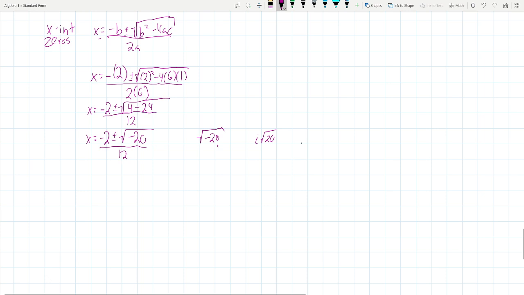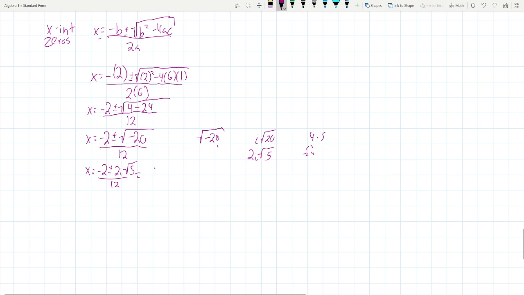The square root of 20, that's 4 and 5, and 4 is 2 and 2. So you'd have 2i square root of 5. So you get x equals negative 2 plus or minus 2i root 5 over 12.